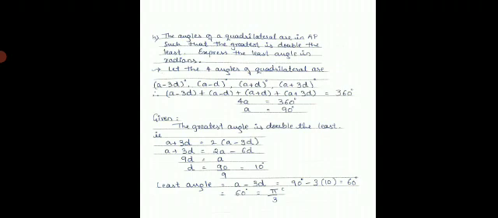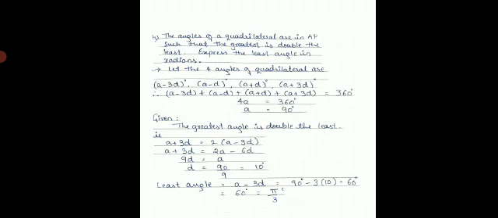Fine. Therefore, consider the 4 angles of a quadrilateral which are A minus 3D degree, A minus D degree, A plus D degree, A plus 3D degree. Now, the sum of all the 4 angles is equal to 360 degree. Why?